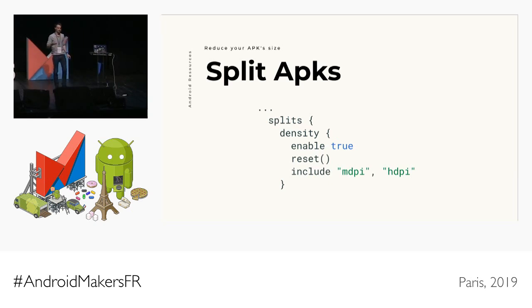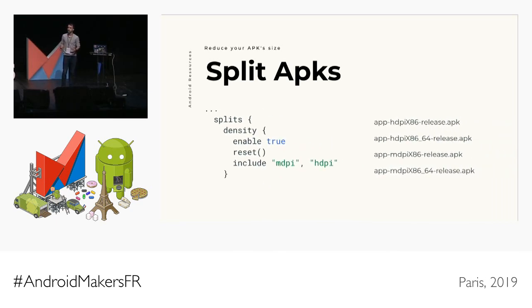So in that case, we have MDPI and HDPI, and it will create an APK for each of the resources. We also have x86 because you can also specify which target architecture you want to generate the APK for. And on those APKs, you will only have the resources that are targeted for the desired configuration.